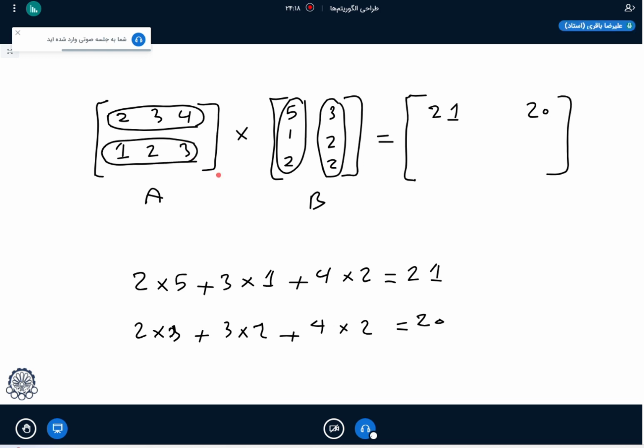Then the second row of A is multiplied by the first column and then the second column of B. 1 is multiplied by 5 plus 2 is multiplied by 1 plus 3 is multiplied by 2. We have 13 here.